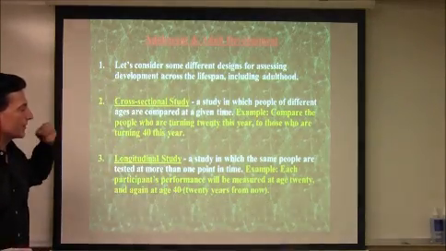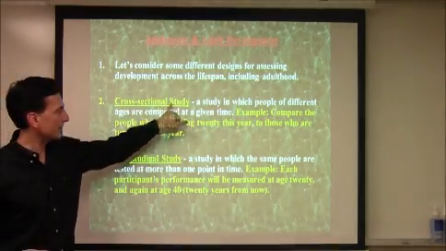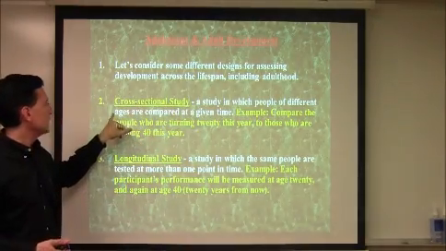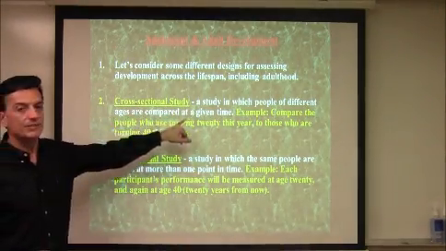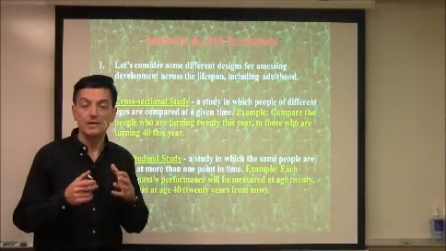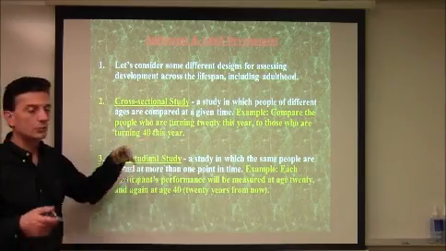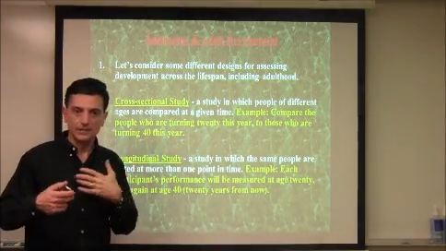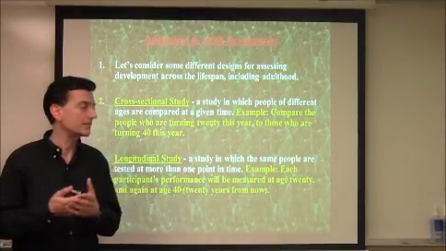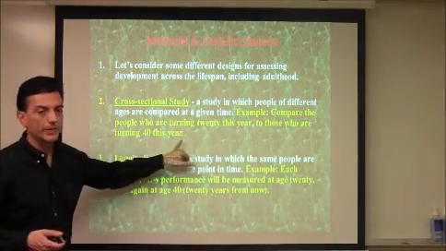So let's just take a look at what this might be. In the cross-sectional study, we might have a study in which people of different ages are compared at a given time, maybe on some kind of cognitive reasoning test. The example might be we would compare people who are turning 20 this year on a cognitive reasoning test, it might be computer-based, for example, to those who are turning 40 this year.